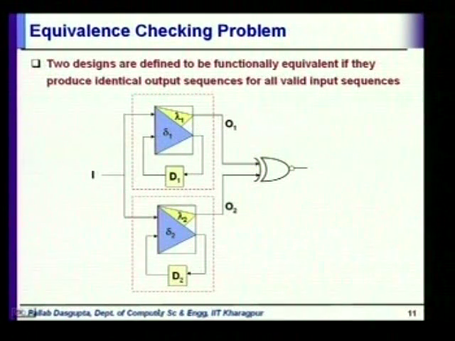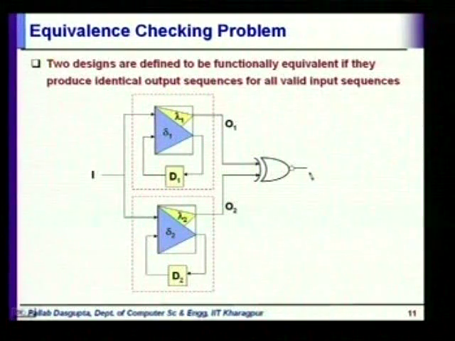So that sequential circuit represents some state machine, and we are trying to figure out, can we reach some state where this output becomes 1? So in that state machine, it's a reachability problem. That is one way of looking at it.